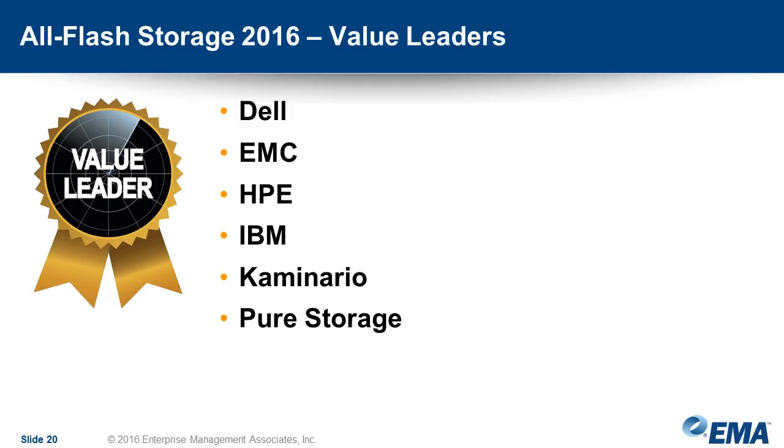HPE has a couple of solutions, the 20,000 and the 8,000. This analysis was done on the 20,000 product. It's a very, very large capacity and scalable system that can scale up to 4 petabytes of raw capacity.